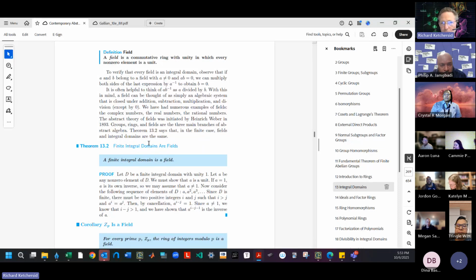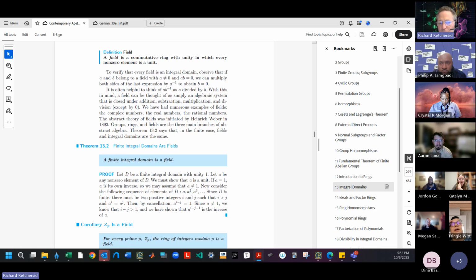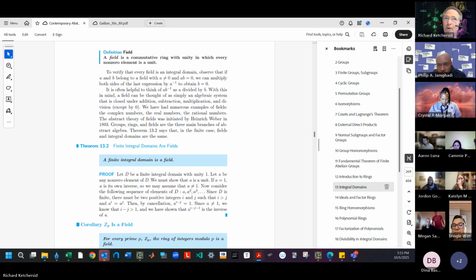When you're looking at a thing where every element is not a zero divisor, and you're not assuming it's also commutative, I don't know if that has a name. But you have interesting non-commutative rings where every element has an inverse, right?